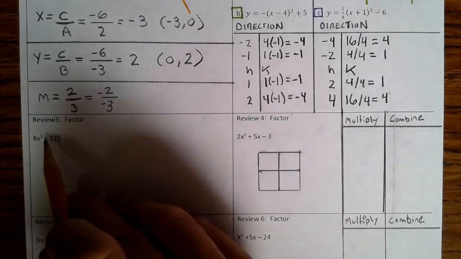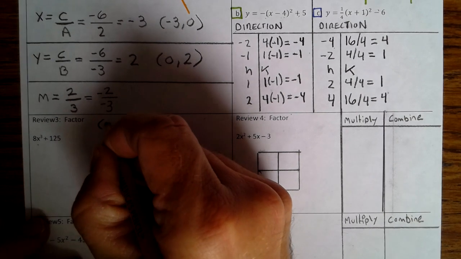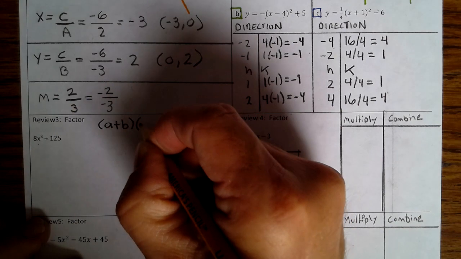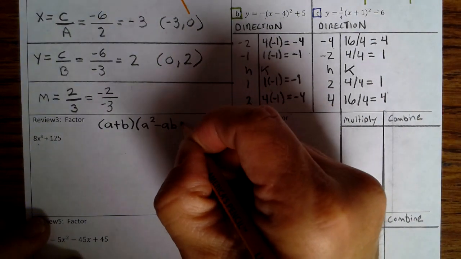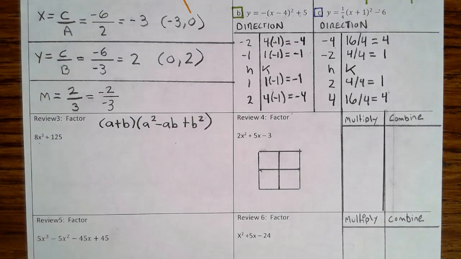Now, I see the plus, so we know the formula will be (A plus B)(A squared minus AB plus B squared), okay?